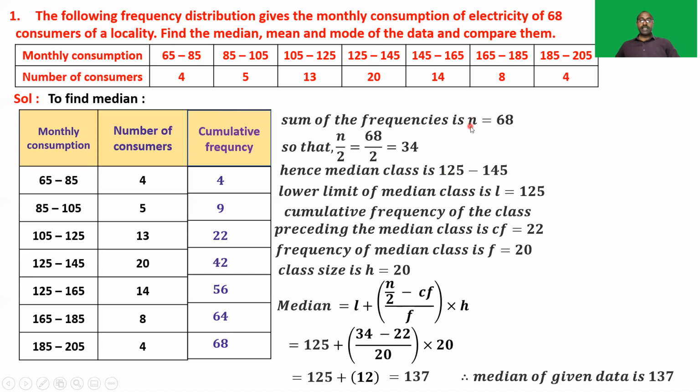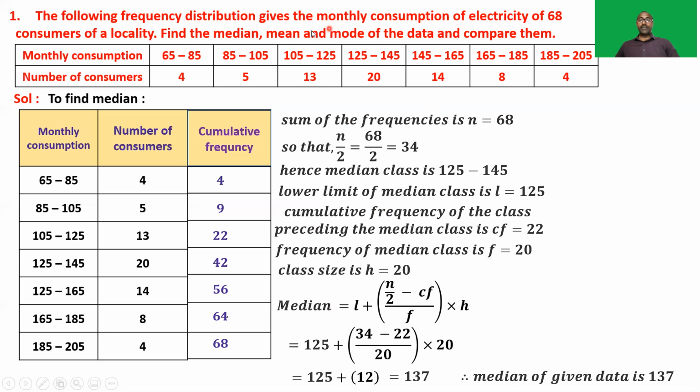First the sum of the frequencies N, and after that N by 2, and after that we have to find the median class, and then the lower limit of the median class, and after that the cumulative frequency of the class preceding the median class, and after that the frequency of the median class and the value of H. And after finding all these values, we can find the median of the given data. Okay.